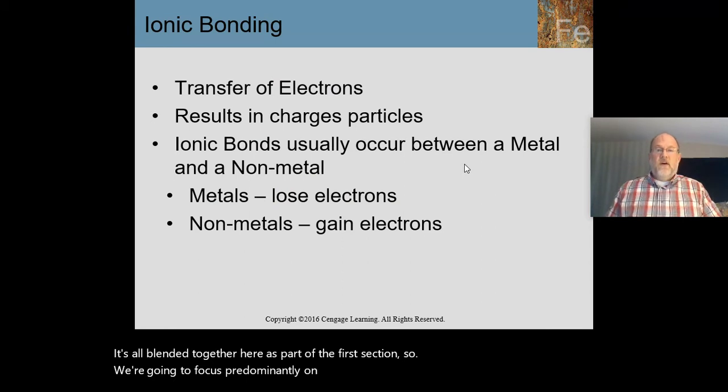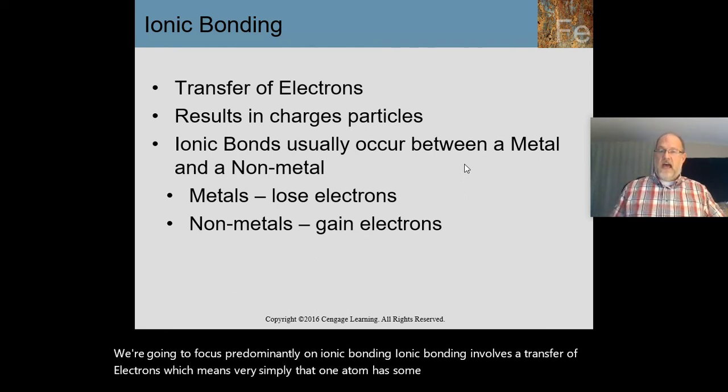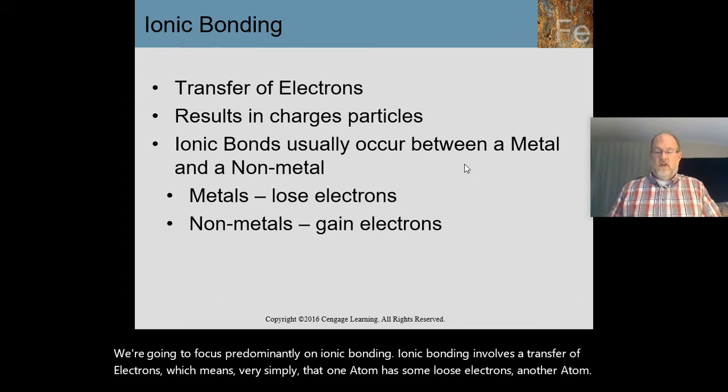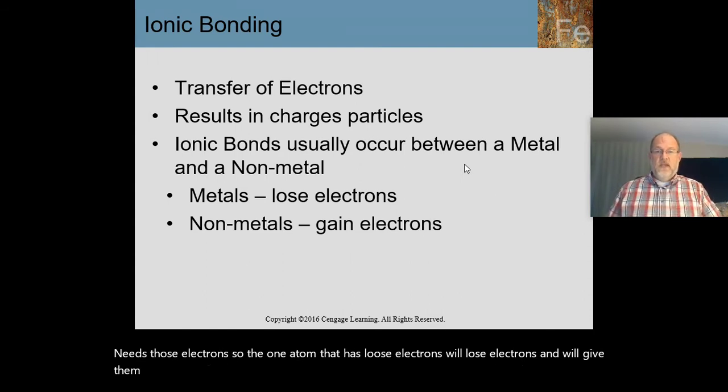Ionic bonding involves a transfer of electrons, which means very simply that one atom has some loose electrons, and another atom needs those electrons. So the one atom that has loose electrons will lose electrons and give them to the other atom. In general, metals have loose electrons.